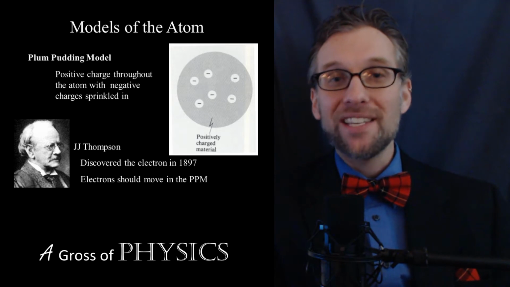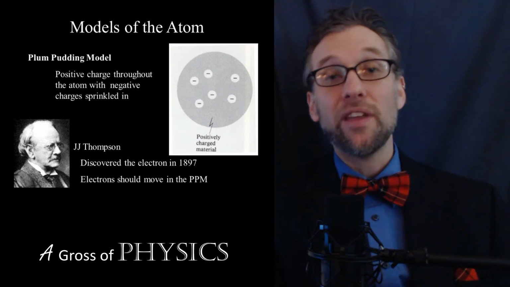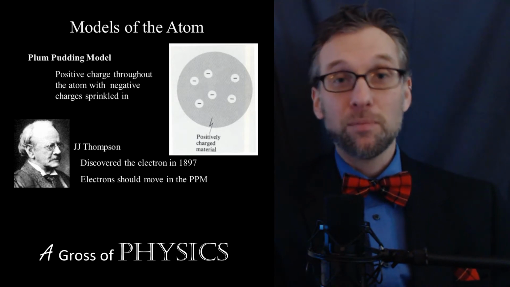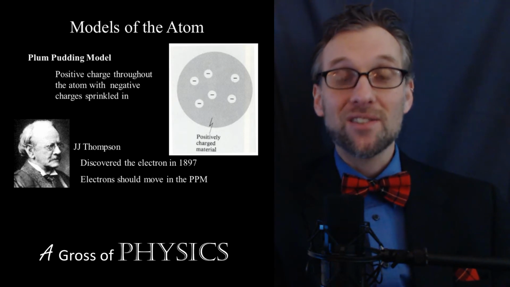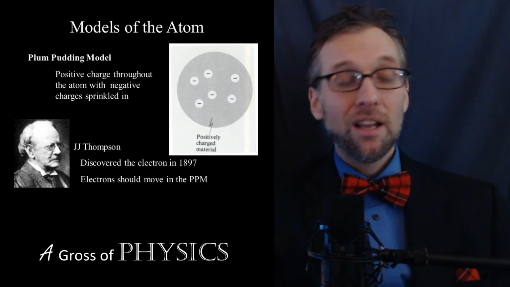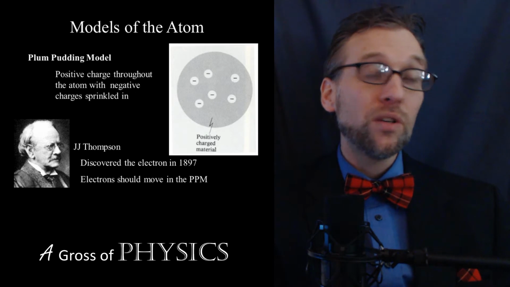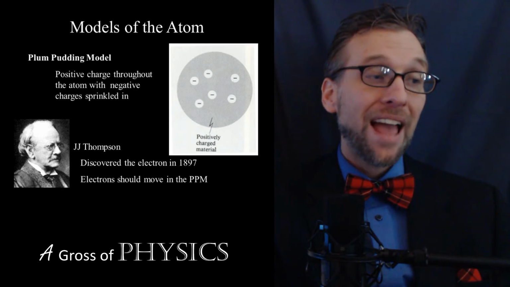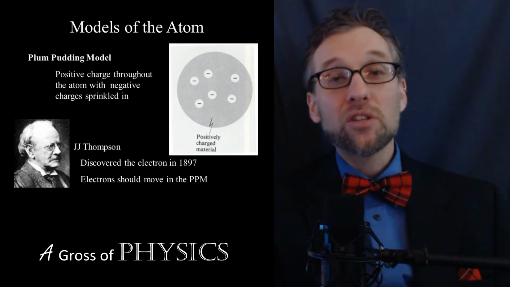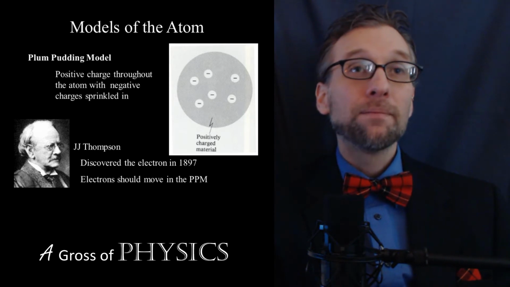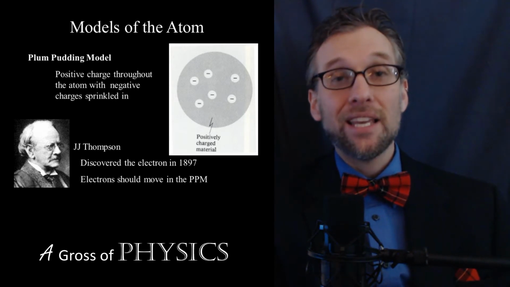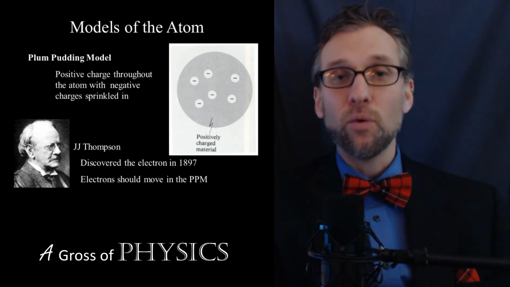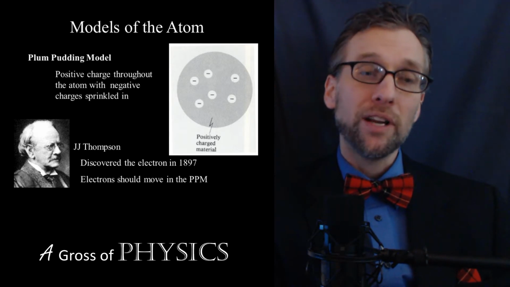So the electrons were these negative charges that existed within what we think of as plum pudding. So it's the raisins in the pudding itself. Now, J.J. Thomson was the one who discovered the electron in 1897, and he was the one who theorized that the electrons were the sprinkles, if you will, in the plum pudding.